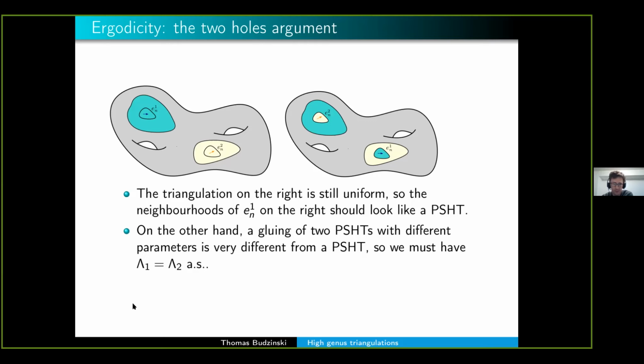And this was provided the vertex degrees are uniformly bounded, which is quite a strong assumption. And this was extended by Gurel-Gurevich and Nachmias to the case where the tail of the degree of the root vertex is exponential. So in particular, this covers the UIPT and many other models.